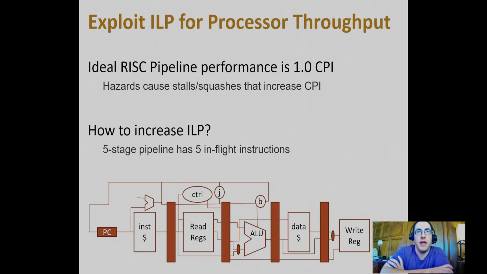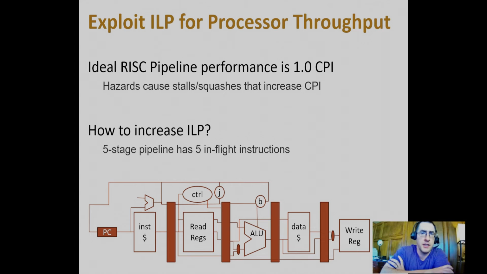So here we have a representation of a 5-stage RISC processor, a fetch stage with instruction cache or instruction memory as you like, and the program counter. Interstage buffer shown as that vertical brown bar.